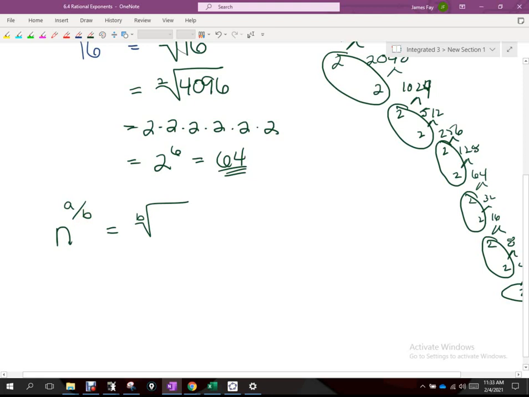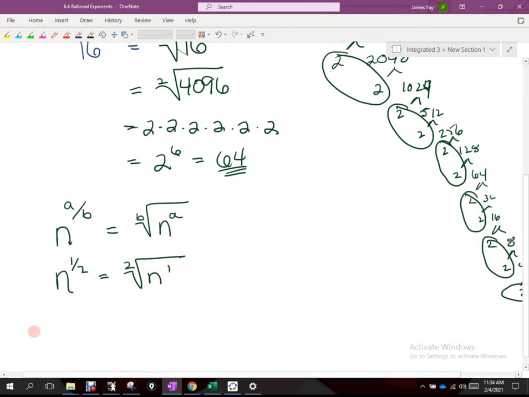If the denominator is 3, we'll be taking the cube root. If the denominator is 4, we're taking the fourth root, right? And then the a is the exponent that goes on the inside. So earlier I said n raised to the 1/2 was the same thing as the square root of n to the first.